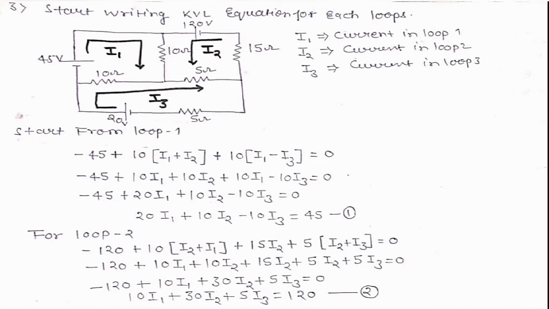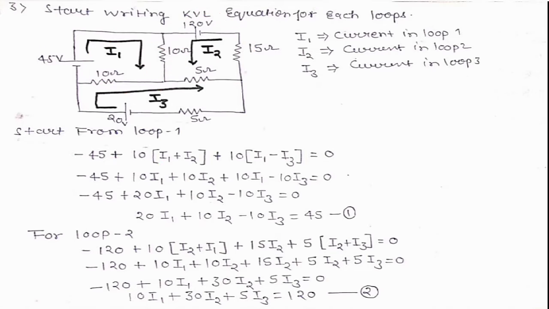At the first loop, starting from loop number 1, we will see minus 45 because it leaves the positive. Then the second term is 10, it goes to the 10 ohm.